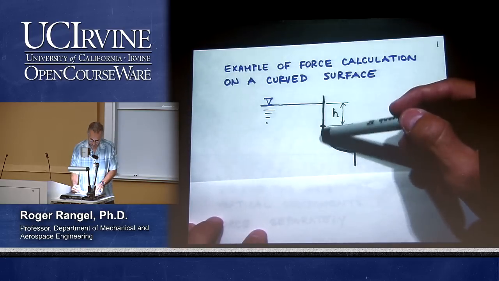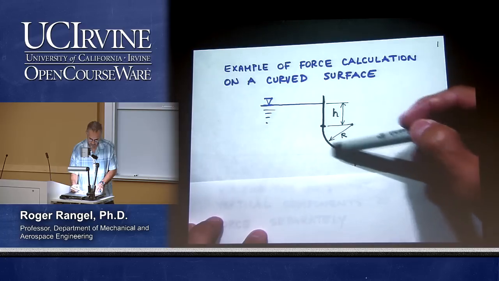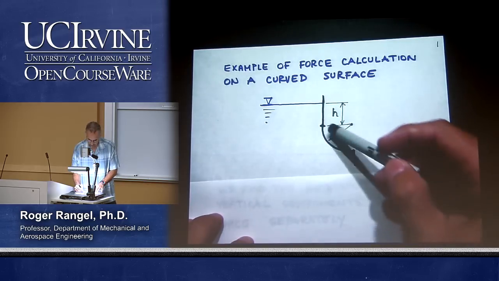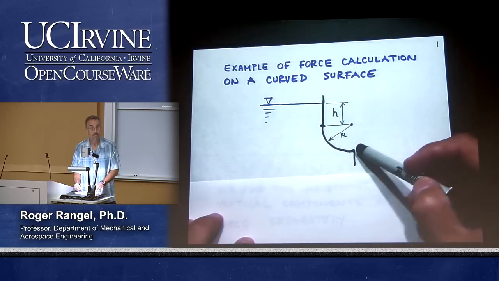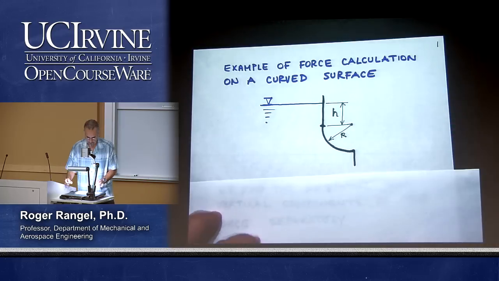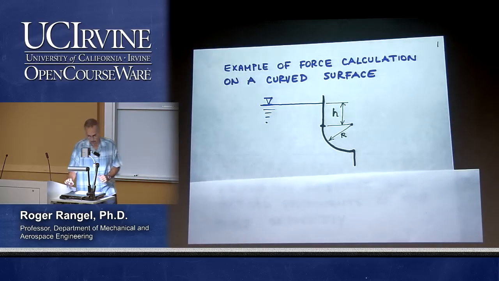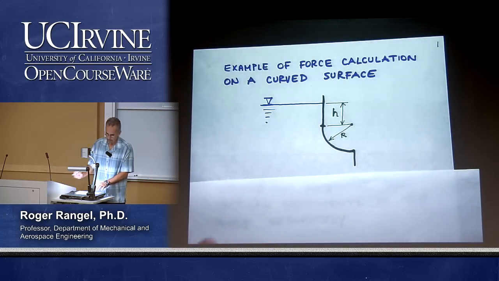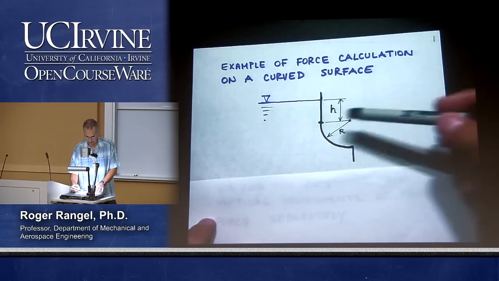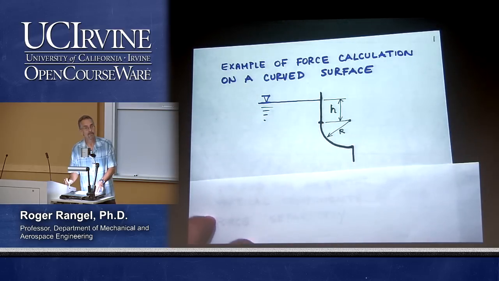And then this segment of the wall is curved, and is curved in a circular path. And we know that the radius of that circle, obviously just a quarter of a circle, the radius of that quarter of a circle is capital R. And suppose we want to calculate the force that the liquid exerts on the curved portion of the surface.